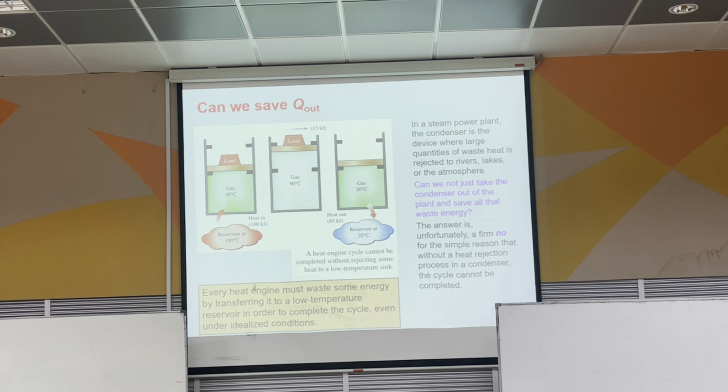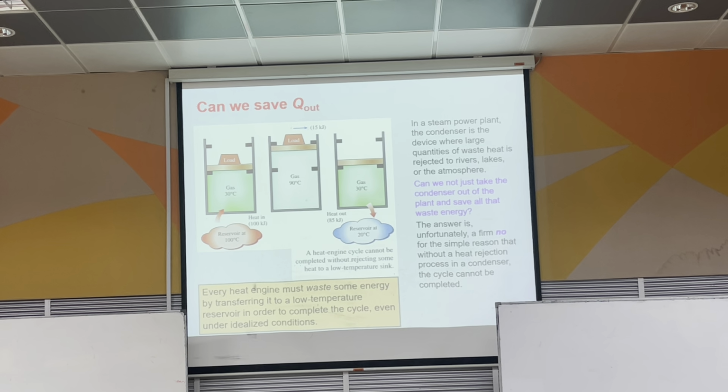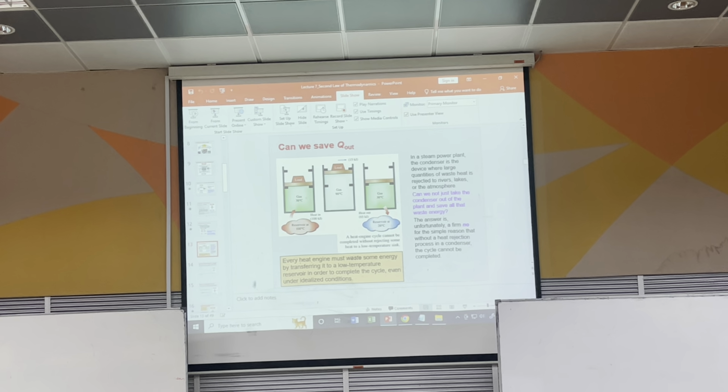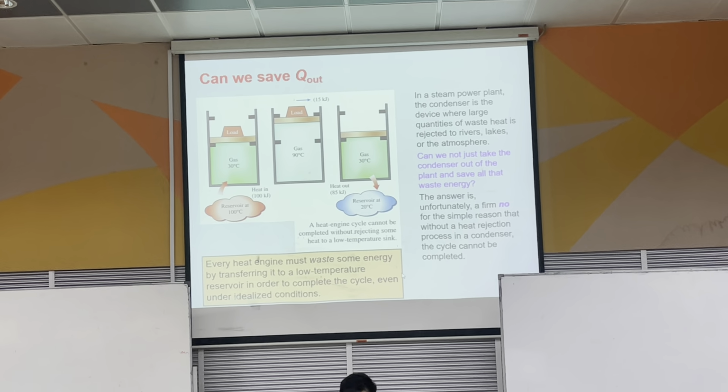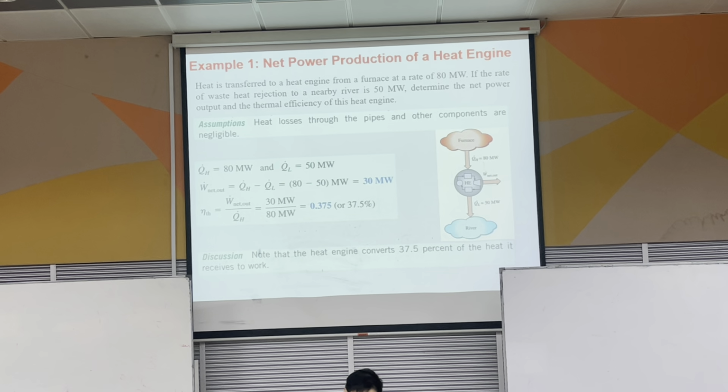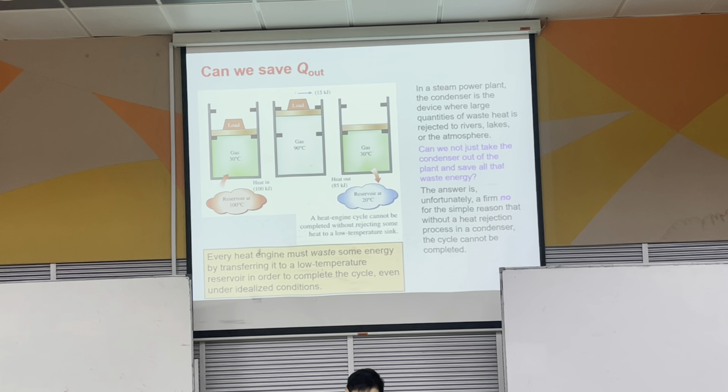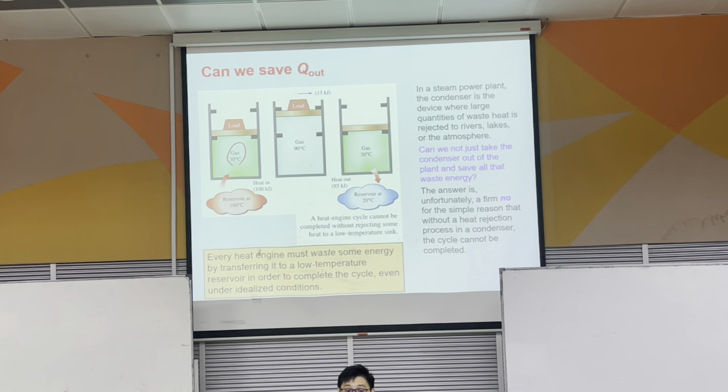So why is that the case? Because we want this whole thing to work in a cycle. Look at the diagram here. We initially have a gas at 30 degrees Celsius. We heat this up.